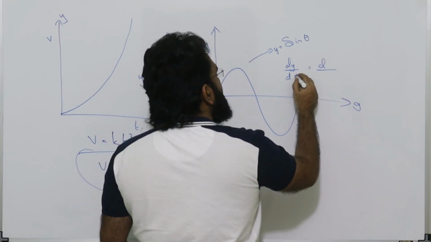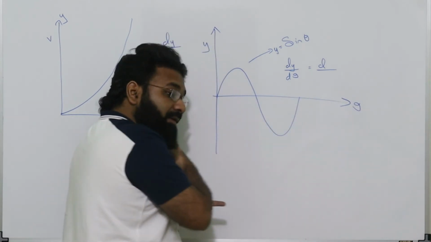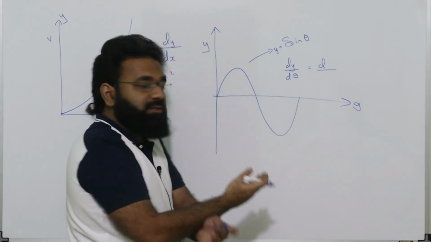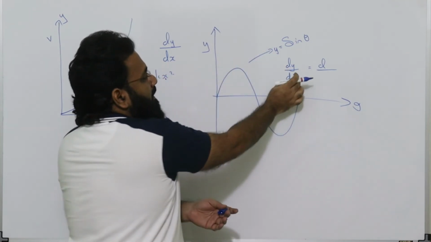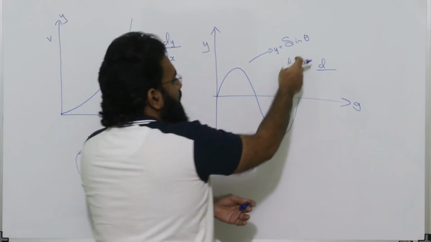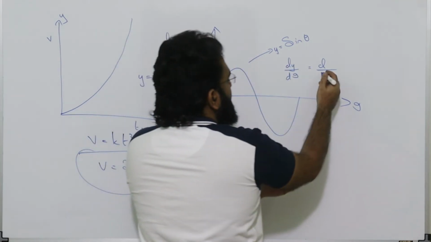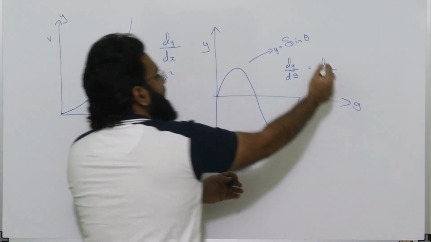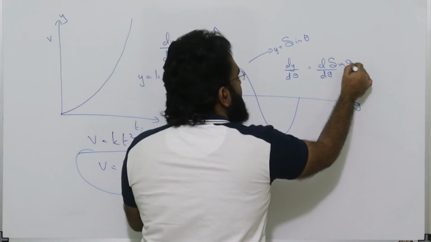Here theta is varying; there x was varying, or time will be varying. With respect to what it is varying, that will be the denominator we have to put. What is y here? Y is nothing but sine theta.